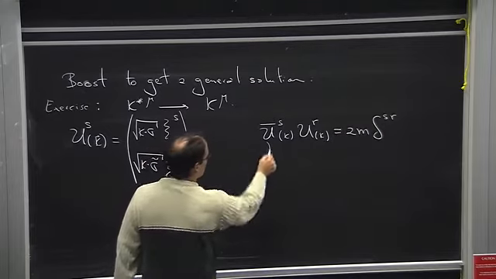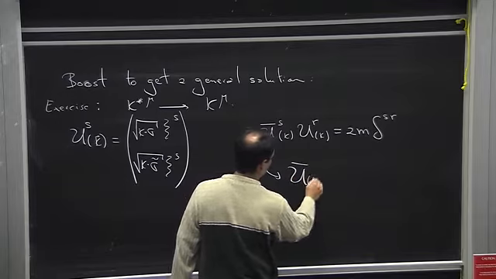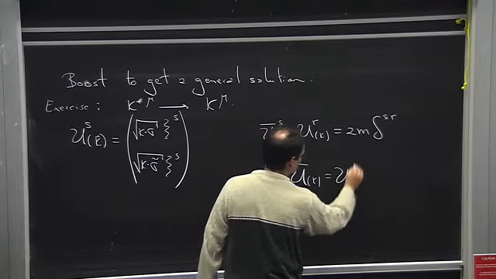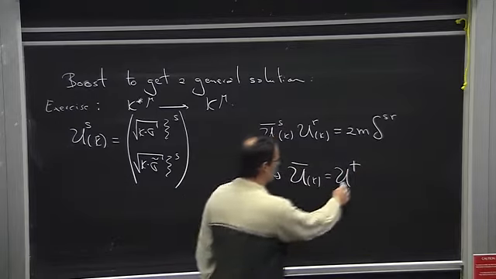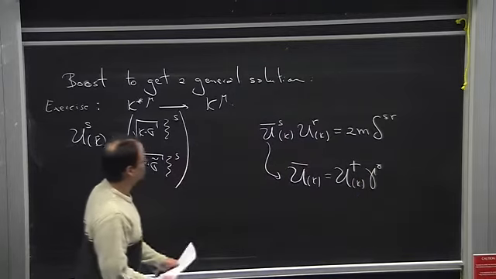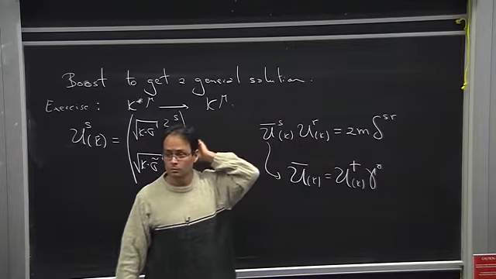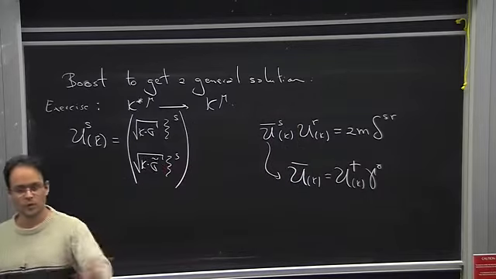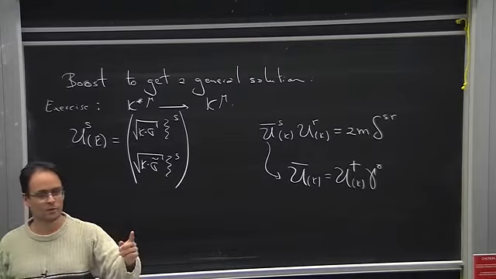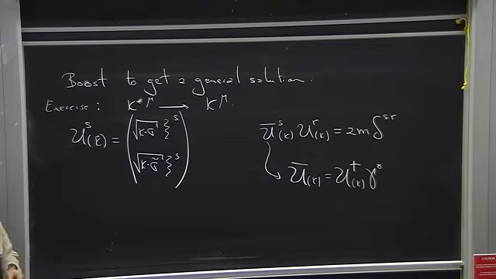What do I mean by this bar? That's right. Take U dagger, and you multiply by gamma 0. So is this a number or a matrix? Who thinks it's a matrix? Who thinks it's a number?